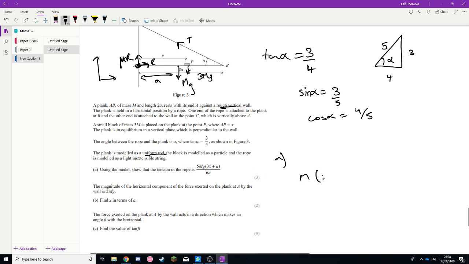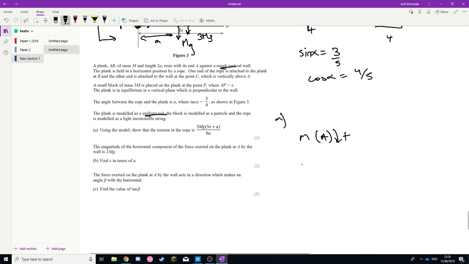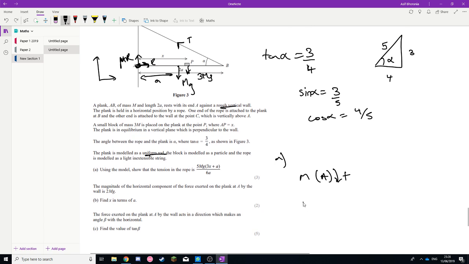Moments about A, this way positive, you have mgA plus 3mgx, and that's where you get the 3x plus a from, is equal to 2aT cos alpha.